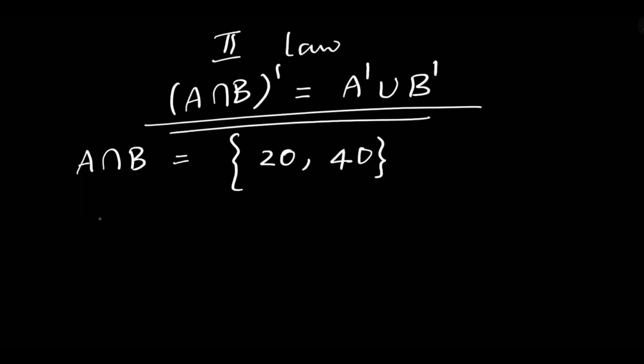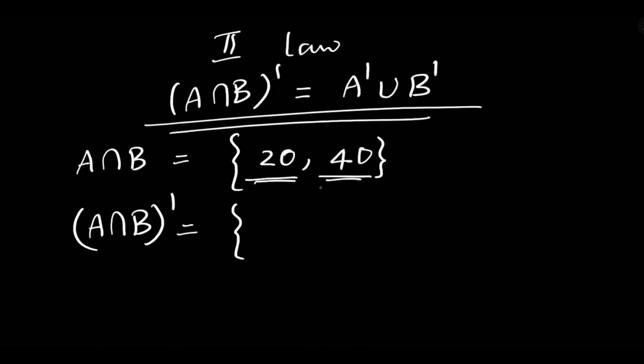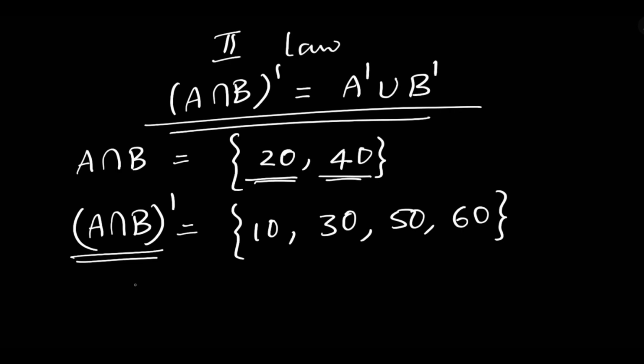Let us consider the complement for that. In the universal set, other than 20 and 40, all elements are present in the complement of this. What is that? 10, 30 and 50, 60. This is A intersection B, the whole complement. Now you have A complement union B complement. What is A complement union B complement? You know A complement and B complement, right?